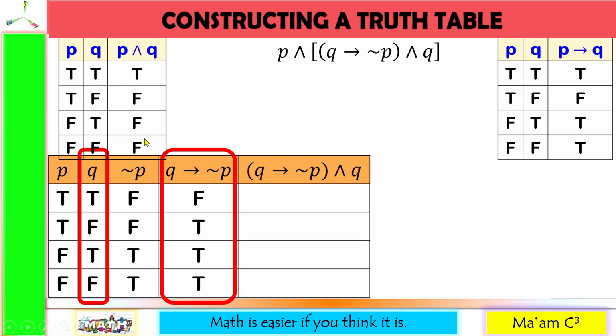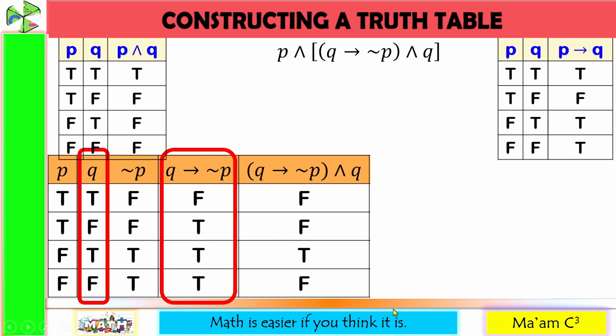Otherwise, it is false. We already have the answer for Q implies not P, this column. And then we need Q, this column. So let us start. We have here true, false. So for true, false, the conjunction is false. We have false, true. This is also false. We have both true. So if it is both true, the conjunction is true. False, true, the conjunction is false.